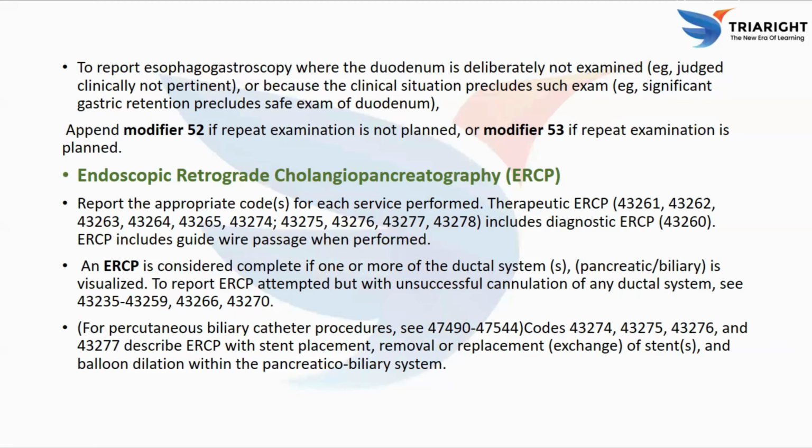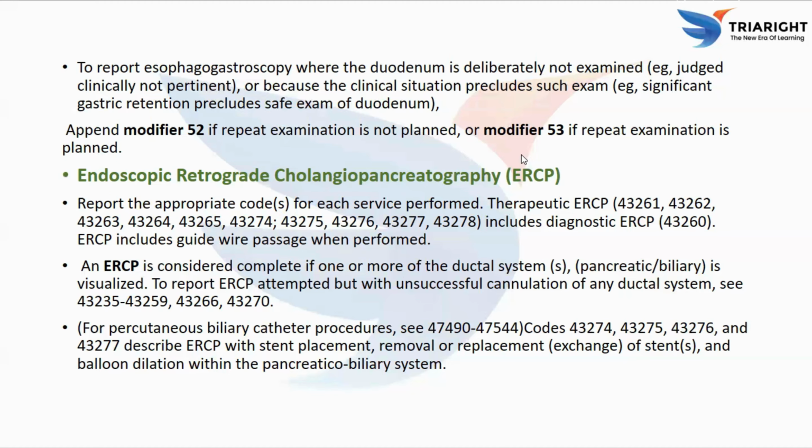And modifier 53 is assigned for a discontinued procedure, where the procedure is stopped due to patient safety and a repeat examination is planned. For example, the duodenum was not examined due to poor visualization, so the patient will return for a repeat EGD. In this case, you assign modifier 53. So 53 is stopped early due to a problem, whereas 52 is reduced but finished.